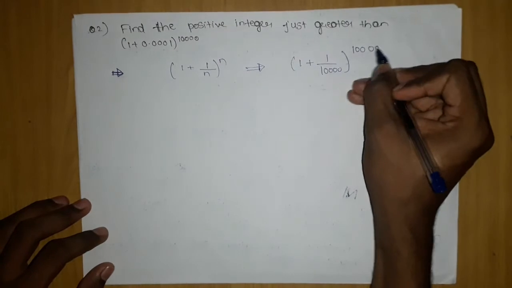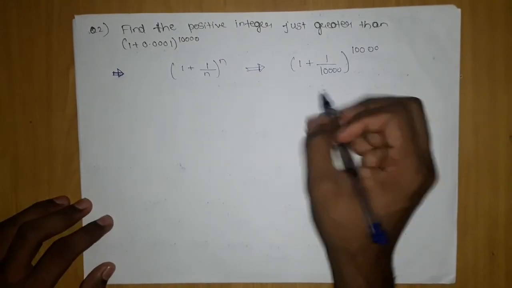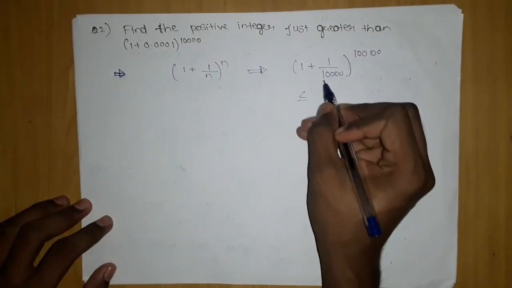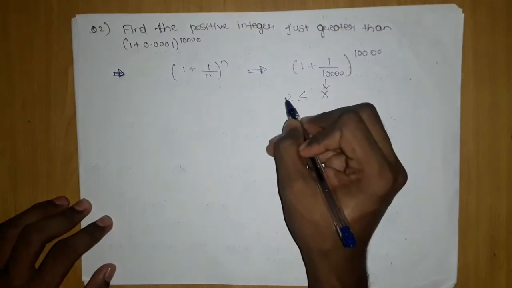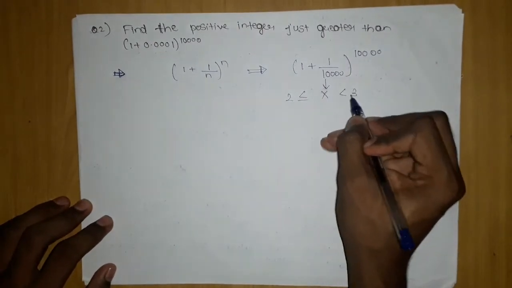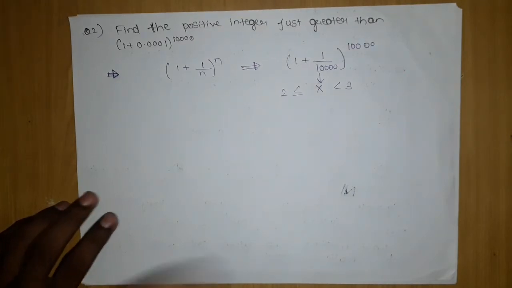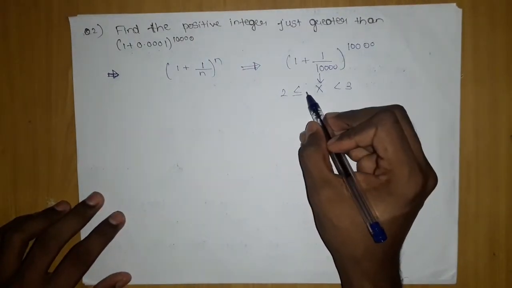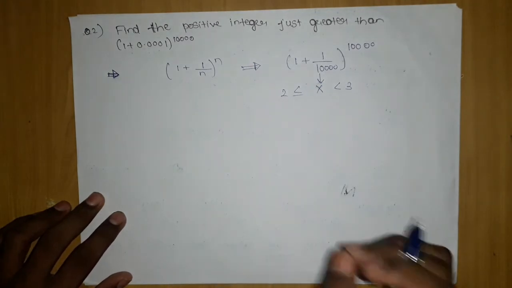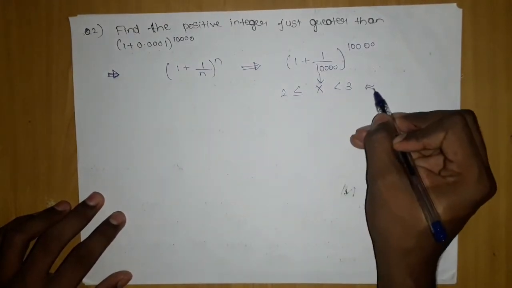So now you can clearly see they both are equal. So whatever x it is, it should be greater than or equal to 2 but less than 3. They are asking for the positive integer just greater than this, so it will for sure be greater than 2, approximately e.